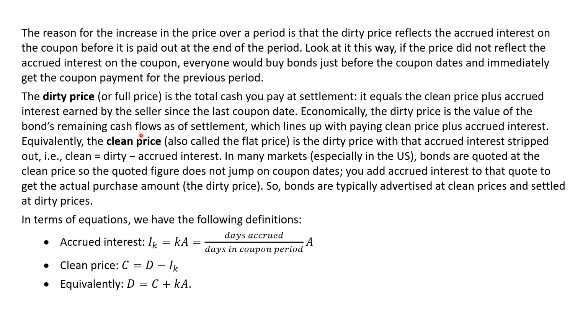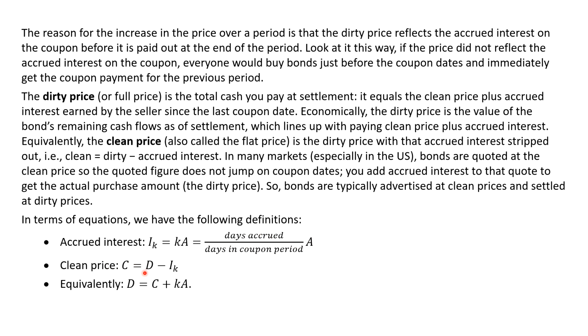And just what I've said here in words, I wrote down in equations here. In terms of equations, we have the following. The accrued interest, I sub k, is just k times a, where k is days accrued during the coupon period, and then the total length of a coupon period times a. So it's pretty simple.